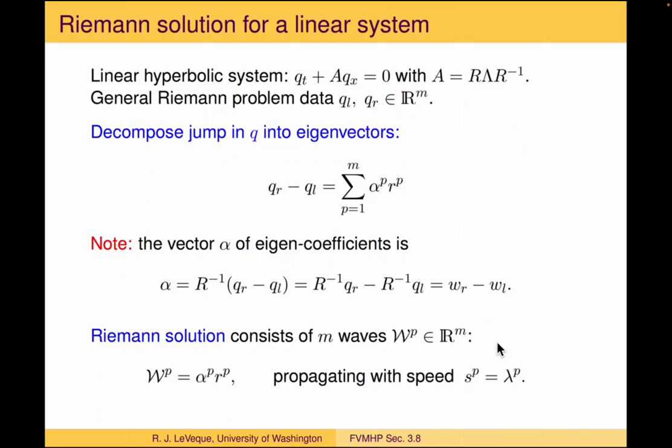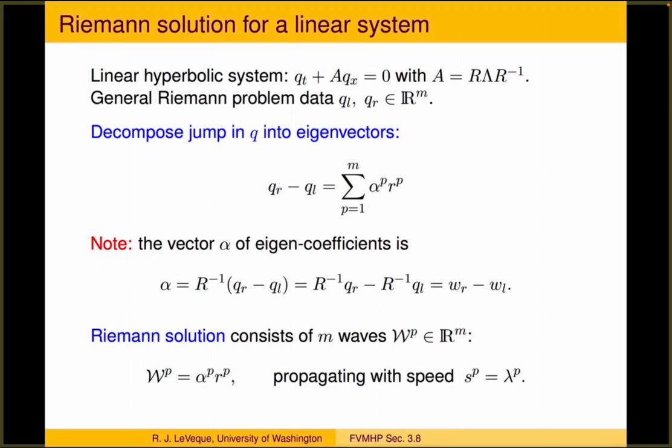And so finally, just a summary. If we have a more general linear system, a larger system of M equations, and A is a diagonalizable M by M matrix, we assume that we can write A as R times lambda times R inverse, and that the eigenvalues are properly ordered, lambda 1 less than or equal to lambda 2, and so on.